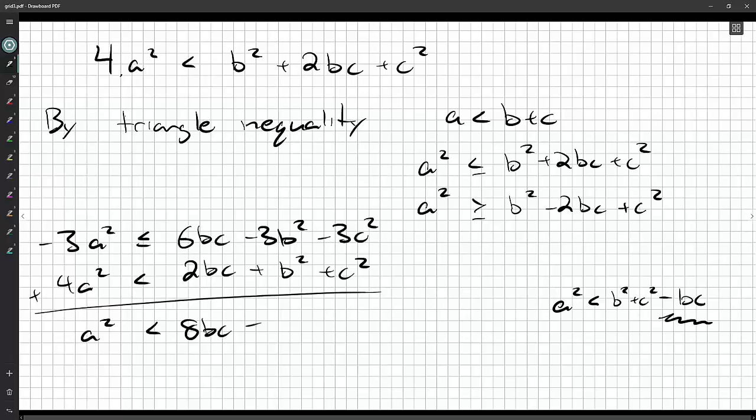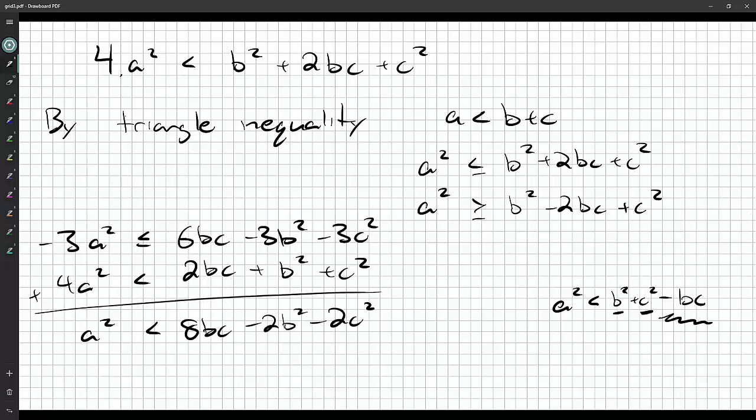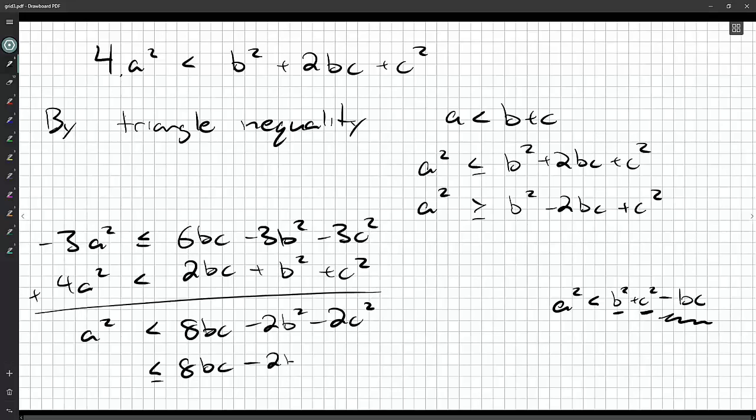That'll be 8bc minus 2b squared minus 2c squared. I need to have b squareds and c squareds here. So that'll be less than or equal to 8bc minus 2b squared minus 2c squared plus 3 copies of b minus c squared? No, because that's exactly what this was.